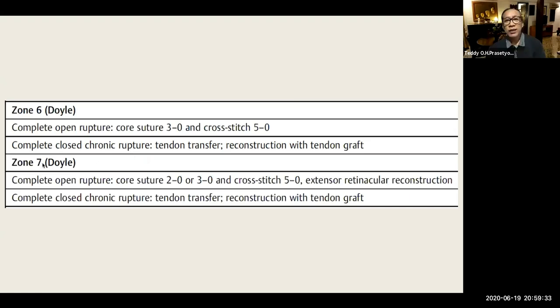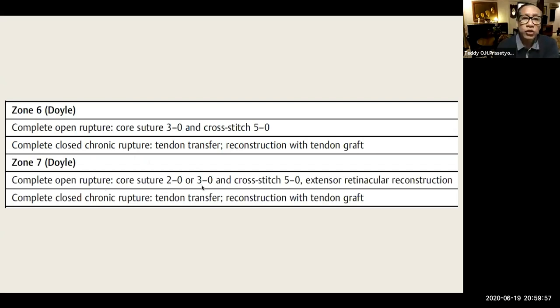With zone 7, still remember where zone 7 is? Once again, odd number, odd number is at the joint level, right? Yes, this is at the wrist level. Complete open rupture at this wrist level, you need to consider using a much greater suture material. You can use 2-0, or in my practice, I still rely on 3-0.